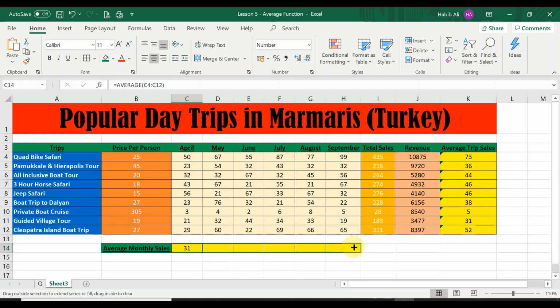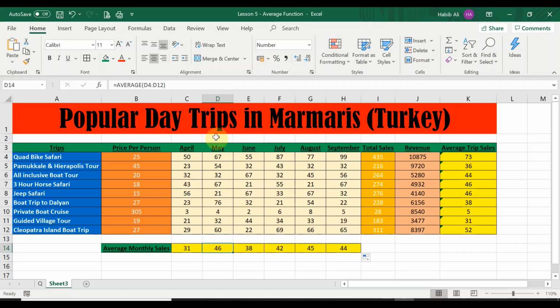Once I've gone to the last cell, I can let go and it will automatically populate these cells with the correct average function. I just want to show you now a couple of them. So if I click on this particular one, I'm looking at the May average monthly sales, you can see in the formula bar that it has included the correct cell references. In particular, you can see column D, so D4 to D12.